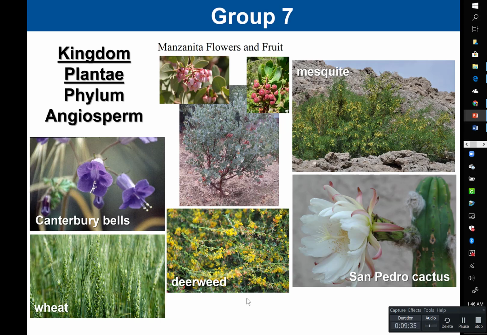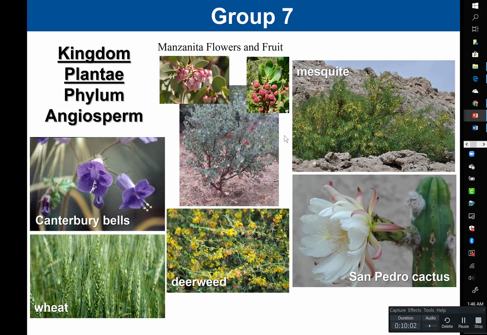Answer, these are your angiosperms. Notice that these plants can grow tall, which tells you they do have a vascular system. They do produce seeds, but now the seeds are contained within a fruit.